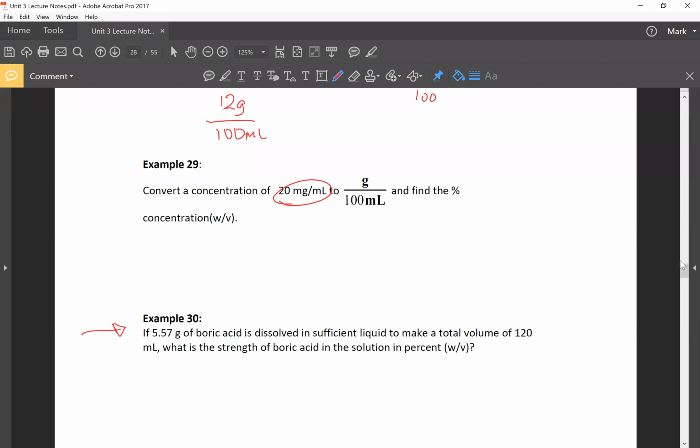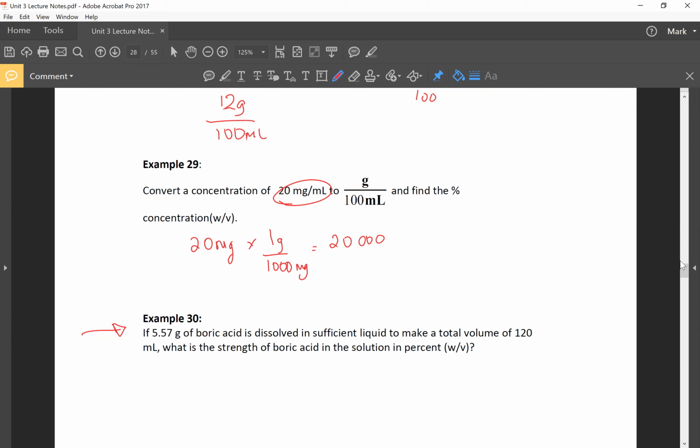So first things first, let's change the 20 milligrams to grams. And you guys should be pros at this. You did it on your test. In 1 gram, there's 1,000 milligrams. So this would be 20,000.